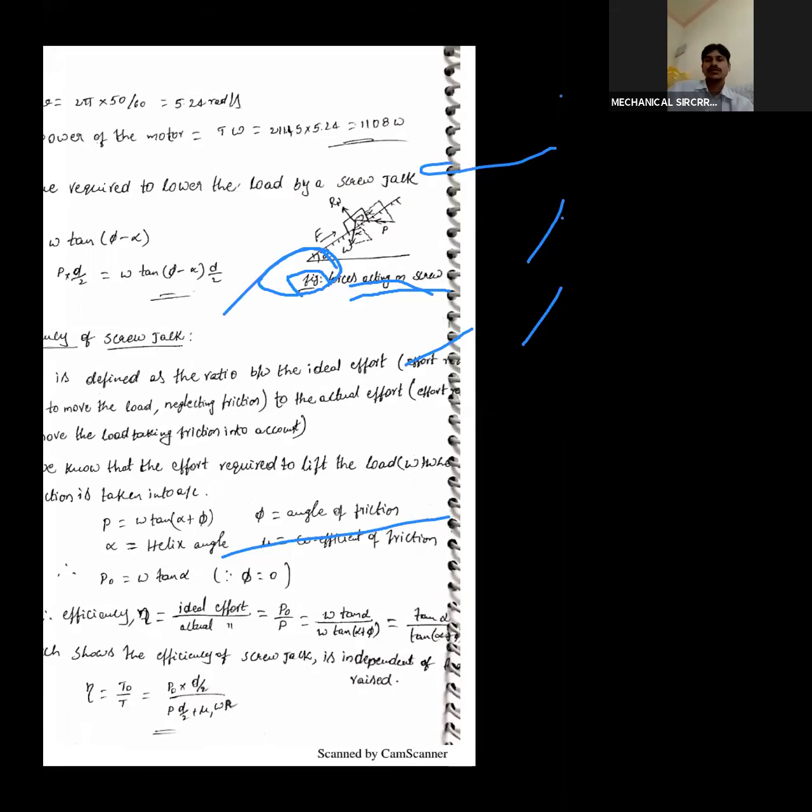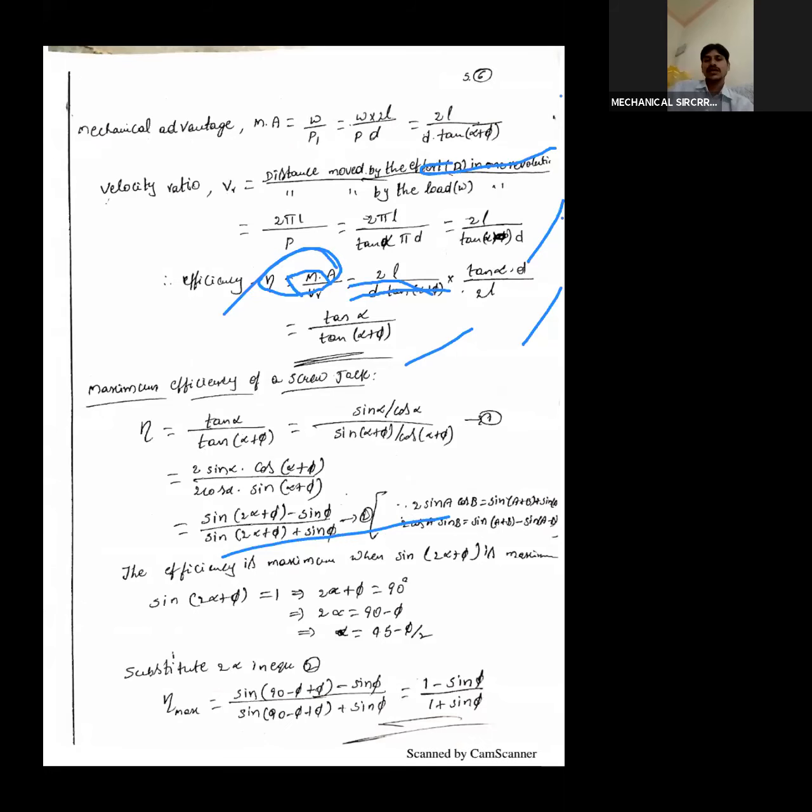Next, coming to the maximum efficiency of screw jacks. How do we calculate the maximum efficiency?